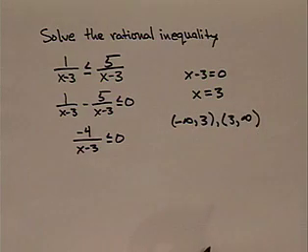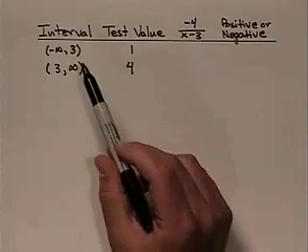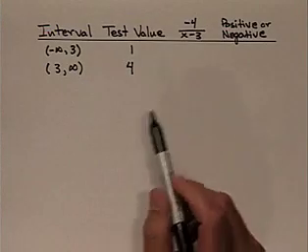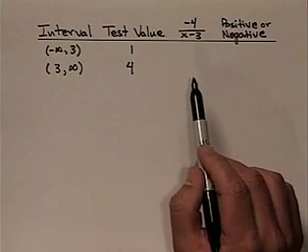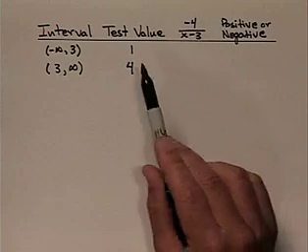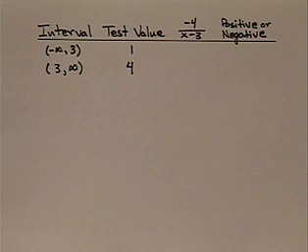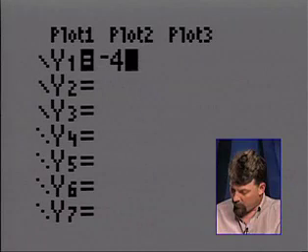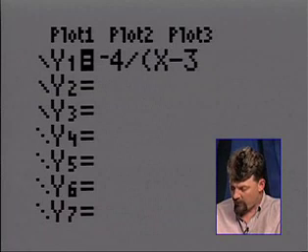So I've set up a table, and in this table I have the intervals we need to check, and I've selected a test value from each of the intervals. Now again, we need to find the value of the rational function for each of these values. So I'm going to go ahead and input this function into my calculator under y1, and we have -4 divided by the quantity x minus 3.